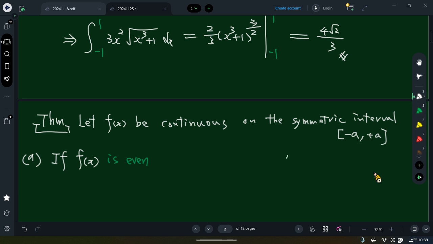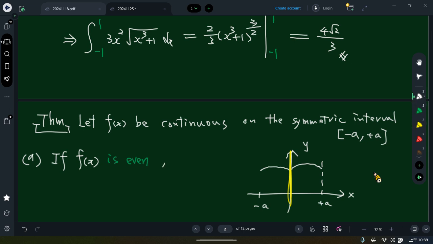So I can show you. For example, if it's an even function, if you have this part to positive a, of course you have another part like this one, because it will be symmetric over the y-axis, right?